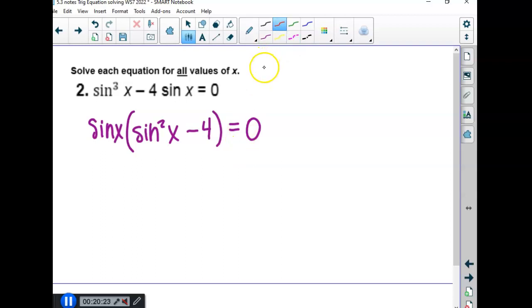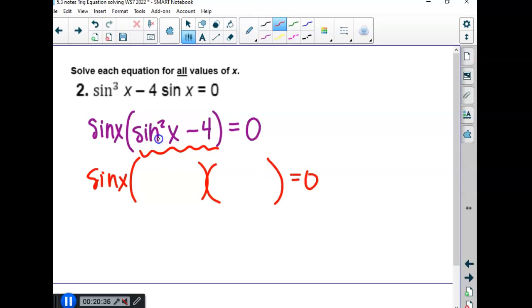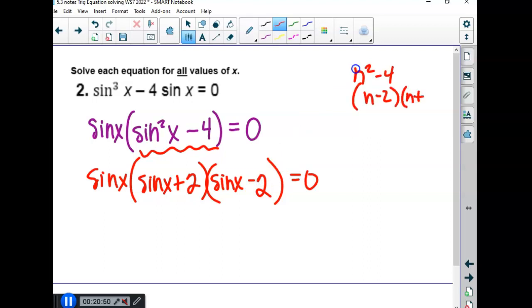Is that completely factored? This is two perfect squares, so how does that factor? We got the one out front. But here, sine squared minus 4 is a sine x plus 2 and a sine x minus 2. It's like an n squared minus 4. It would factor n minus 2, n plus 2, in whatever order you want to write it. Everybody okay with that factoring?